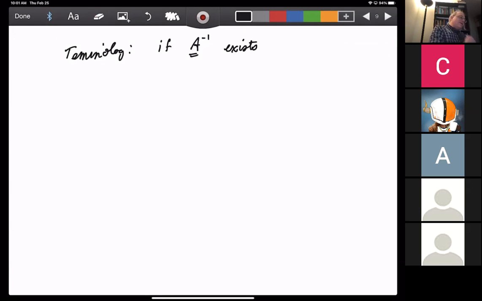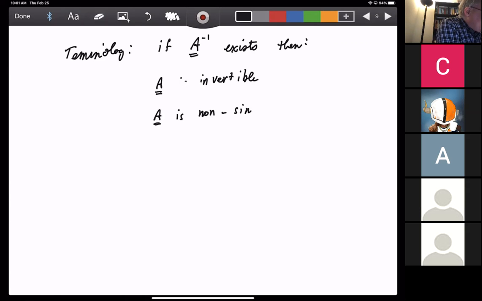If the inverse of the matrix exists, then we say A is invertible, and A is non-singular, right? These mean the same thing.